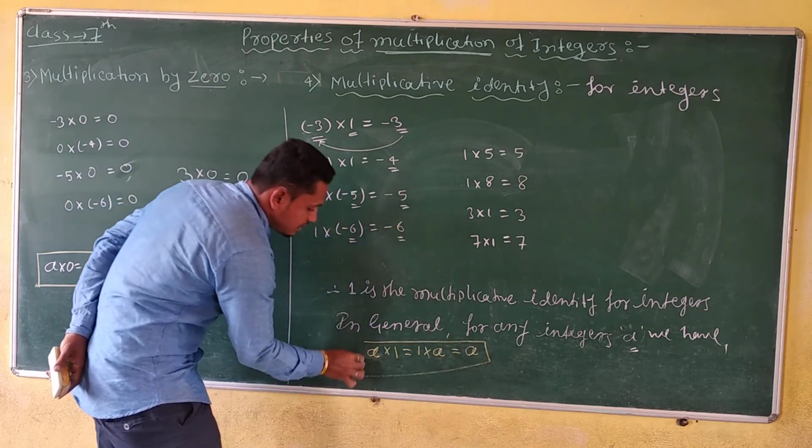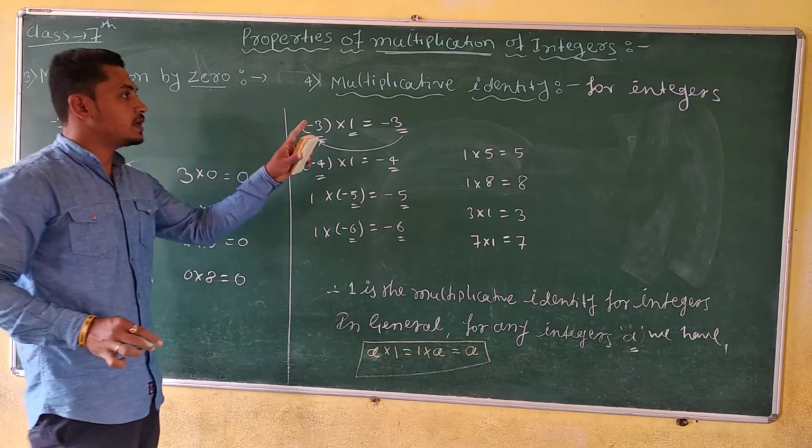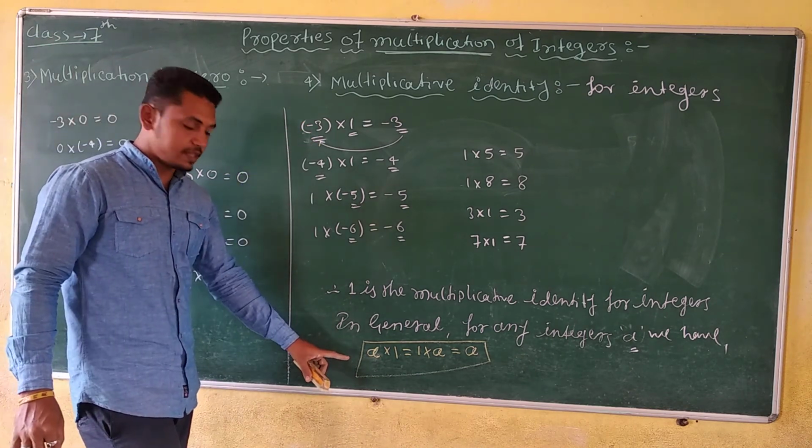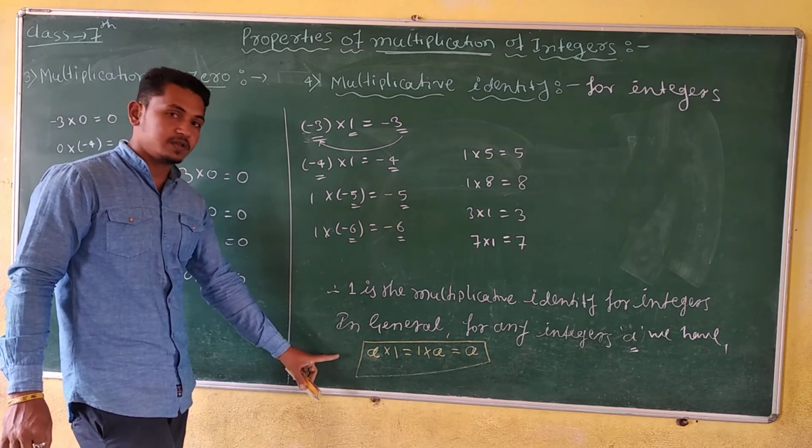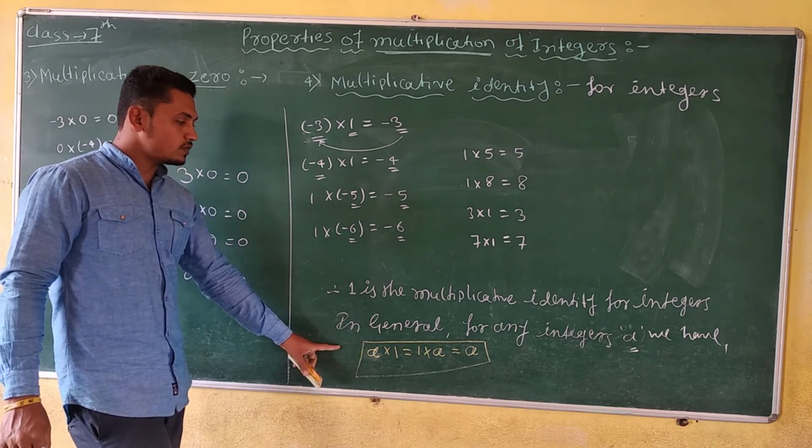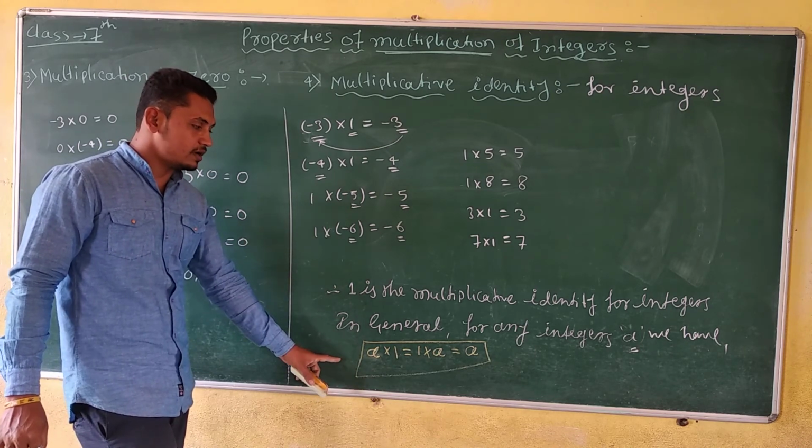So this is the general form of the multiplicative identity for integers. This is very important, so please remember this and note down this statement as well as the general form.